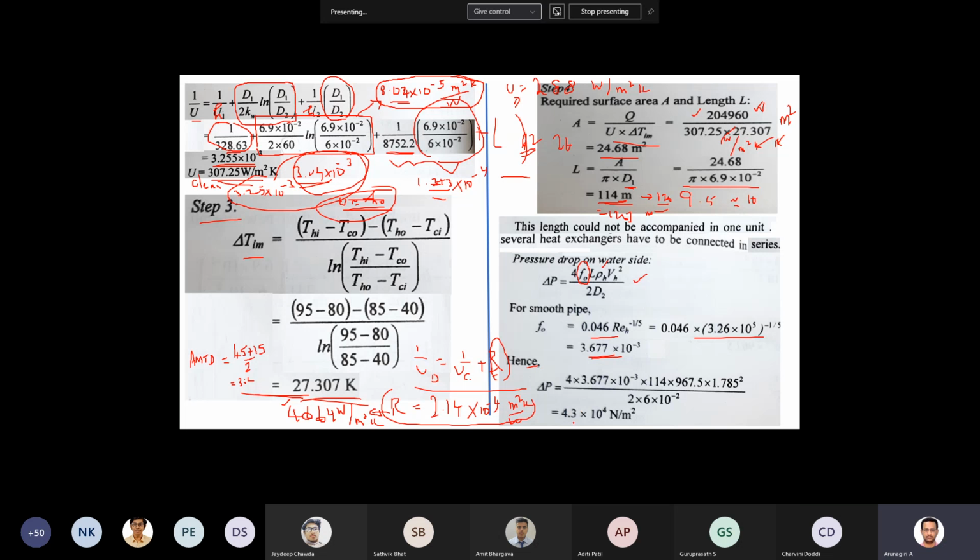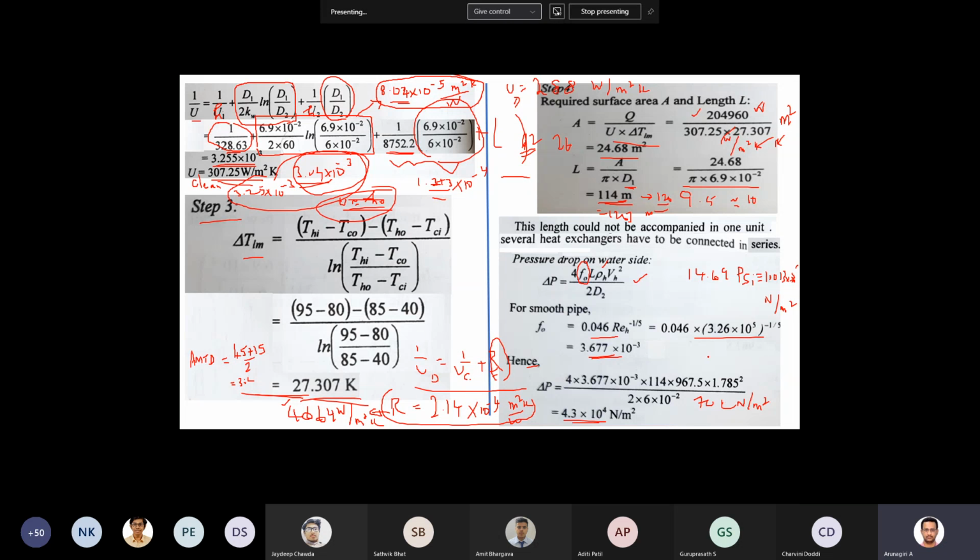Then you can calculate the tube side pressure drop. This is 4.3 into 10 power 4 Newton per meter square. Normally permissible is around 70 kilonewton per meter square. This is 10 to 12 psi. You know 14.7 psi is equal to 1 atmosphere, or 1.013 into 10 power 5 Newton per meter square.